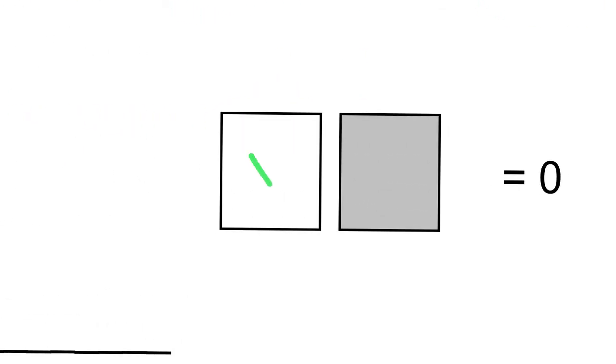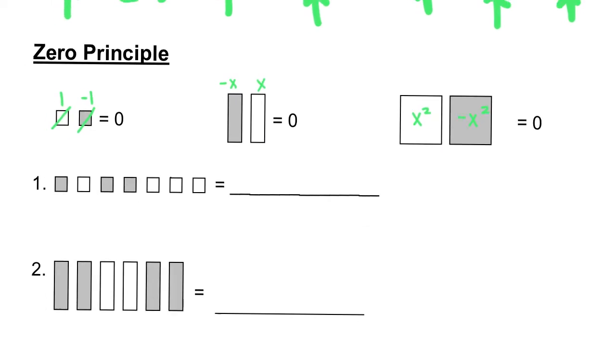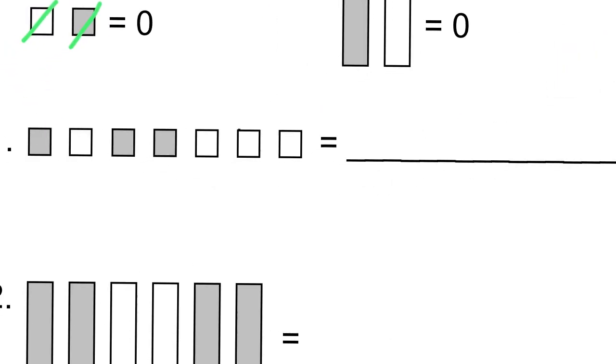And again with x squared and negative x squared, their sum would be 0. So when we're combining these terms, you can cancel them out. There's a 0 pair, there's another 0 pair, and here's a third 0 pair. So the sum would be equal to 1.